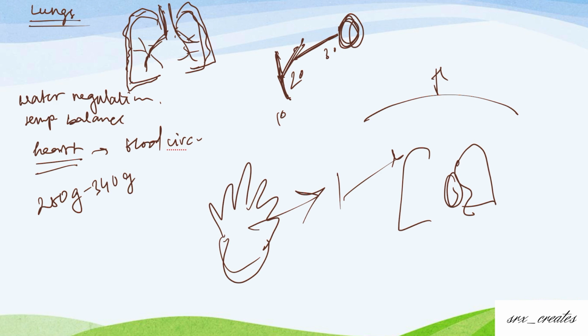That's called cardiac notch, because notch means something carved out, that portion where heart lies. Okay, done. Heart is located in the thoracic cavity in between the lungs. It is present on the left side in the cardiac notch of the left lung.